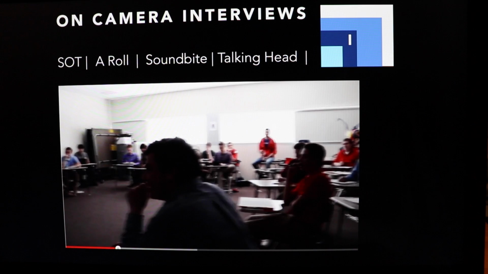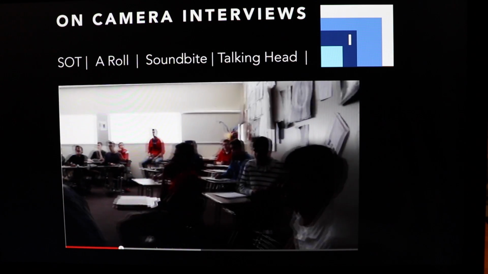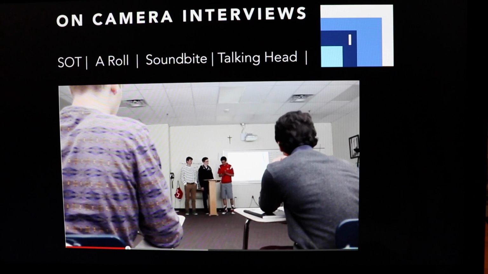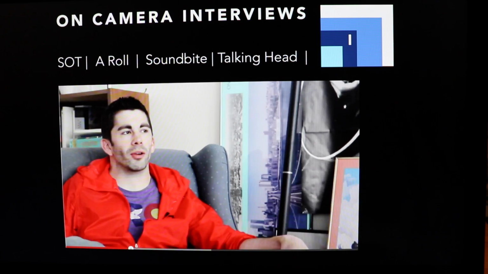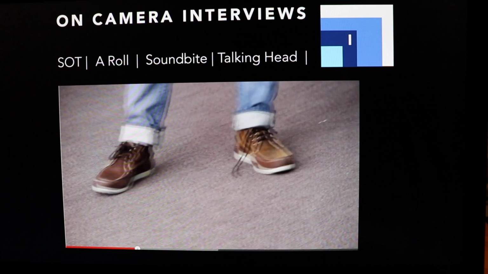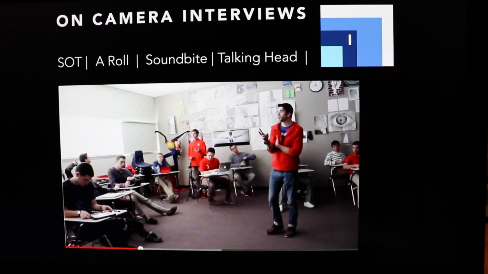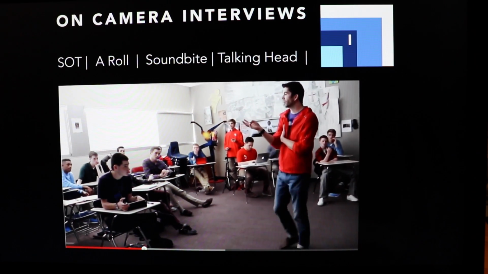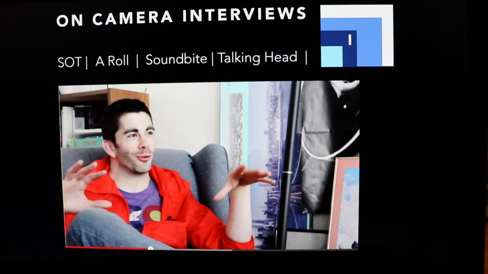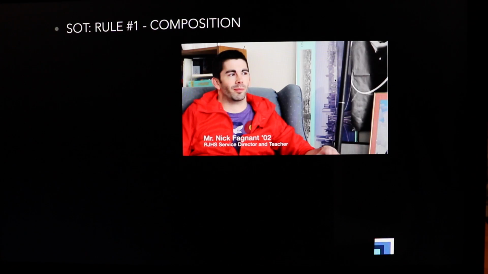So that's always good to be there in the subject's environment to shoot that interview. We see some more nice sequencing here with some B-roll. So I wanted you to get an idea of how the A-roll and the B-roll work together, and we'll take a closer look at that with some pieces with sound. Let's take a look at the composition of the SOTs, or the A-roll, the actual interviews.